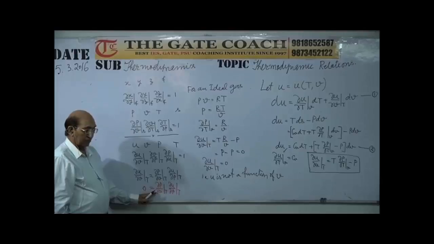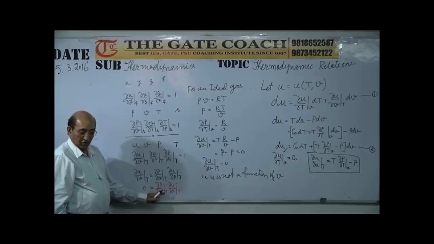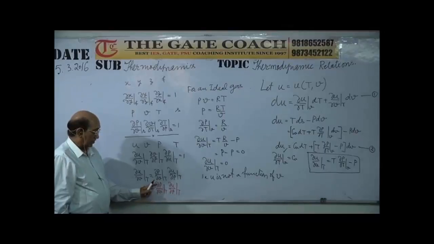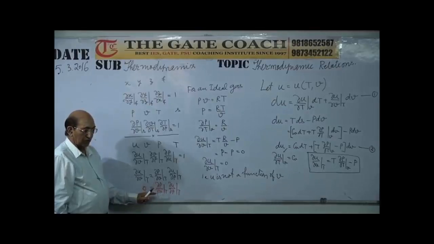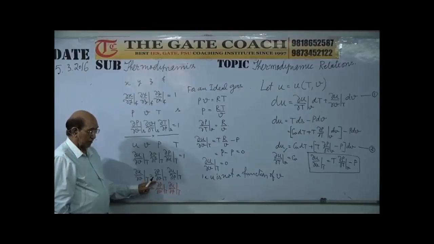What is this term? Temperature remaining constant, that means isothermal process. Boyle's law: pressure and volume are inversely proportional to each other. If pressure increases, volume will decrease, or volume increases, pressure will decrease.